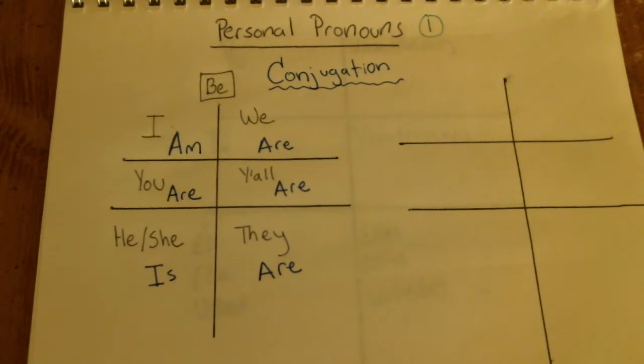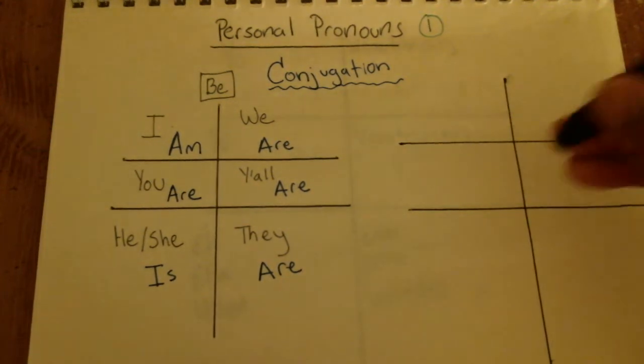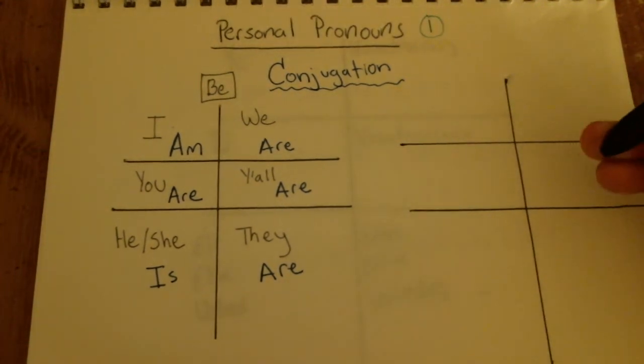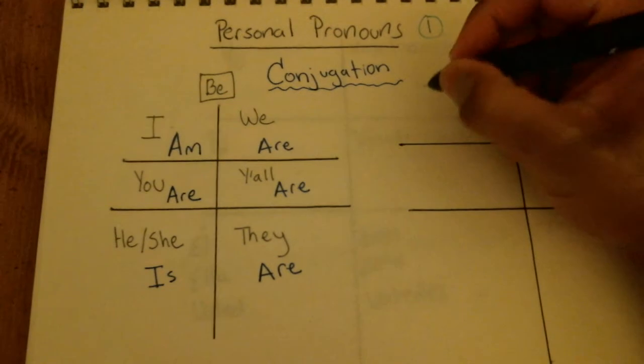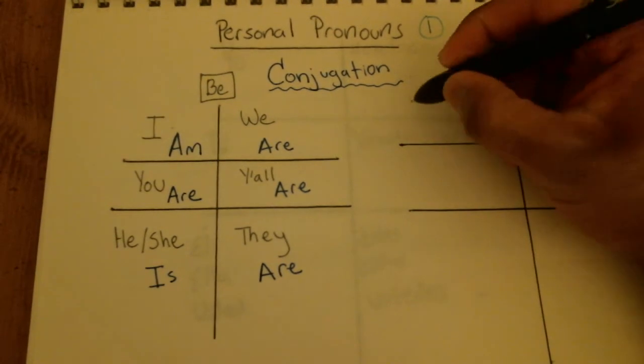But we're going to go through these slowly so that you understand them and don't get confused or intimidated. Like I said before, the only way to learn a language is through good old-fashioned hard work, but just take your time and don't stress out about it. Just make sure that you study these, okay?